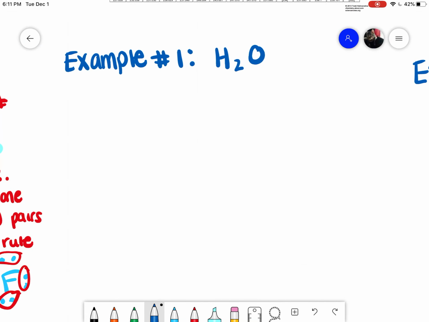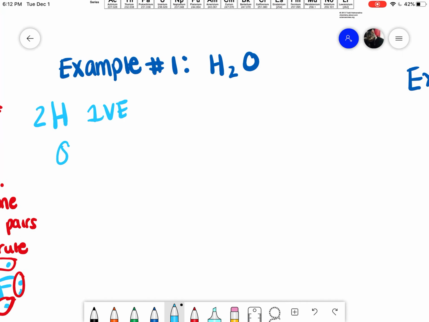Our first example is going to be H2O. So we know that hydrogen is going to have 1 valence electron, and we have 2 hydrogens. And then our oxygen is going to have 6 valence electrons. So we want to put oxygen in the middle. Remember, we cannot have hydrogen in the middle.